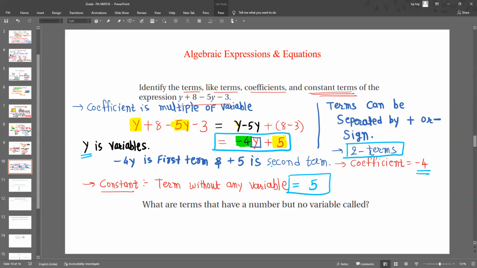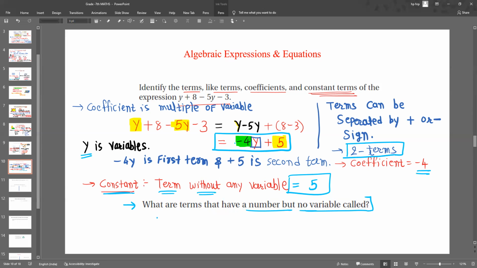Understand? Yes. Okay, now in the second question, what are the terms that have a number but no variable? If a term doesn't have a variable, only a number, that is called a constant term. The definition of constant term is a term without any variable.